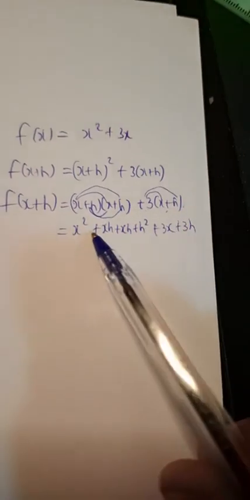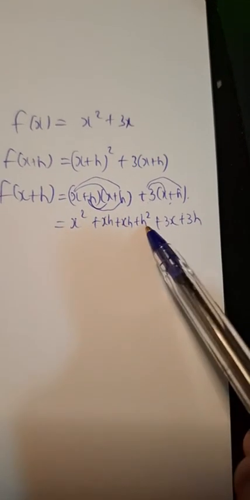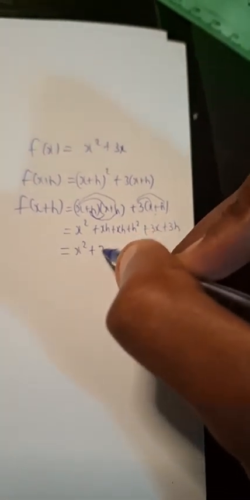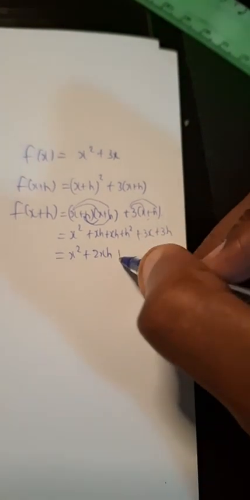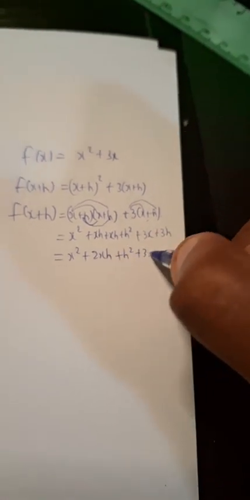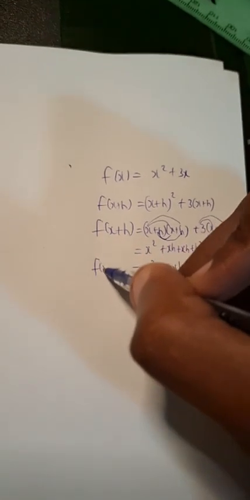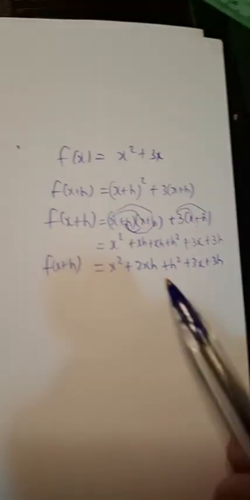Okay, then we check, are there any like terms, right? And obviously the xh is a like term with the other xh, so then we say x squared plus 2xh plus h squared plus 3x plus 3h. So this here is f of x plus h.